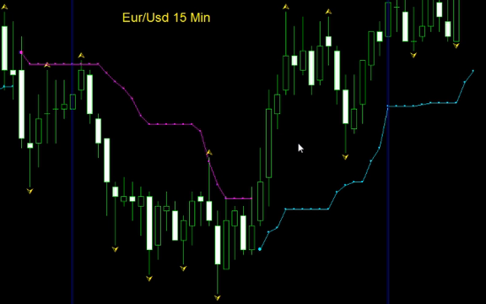Alright, here we are. I've depicted the London session with 2 blue vertical lines right here and right here. So you can see at the open, let's get right into it. All I've got is price channel stop, fractal, and my Expert Advisor.